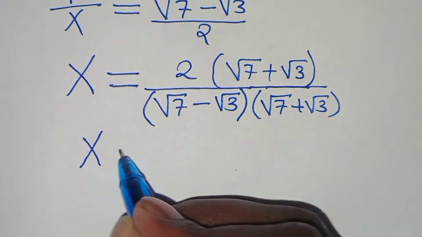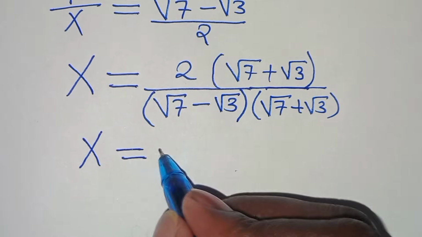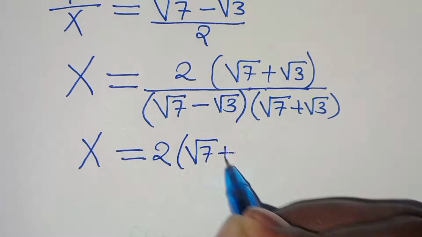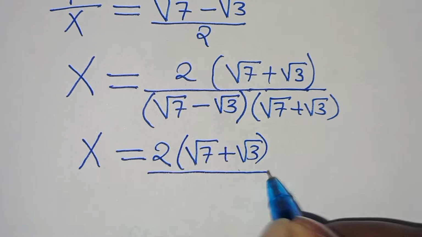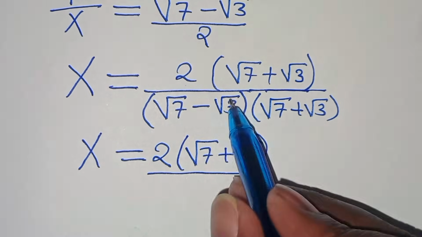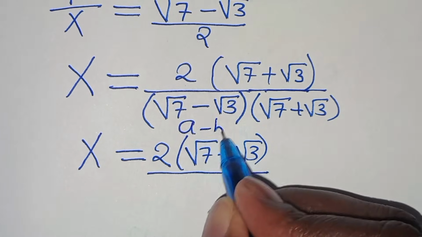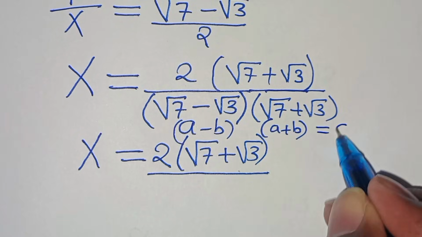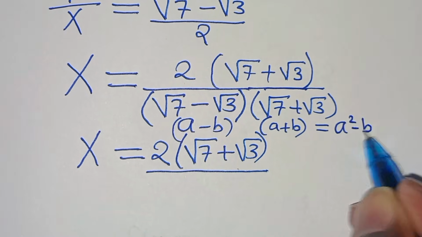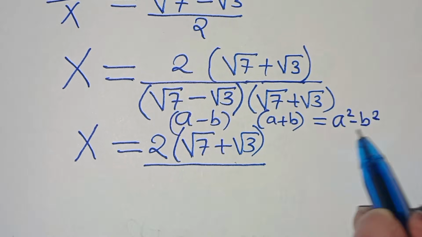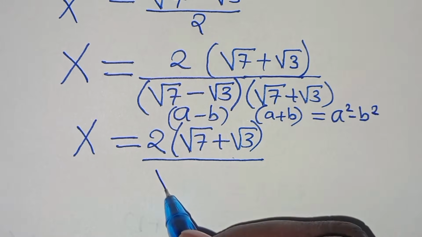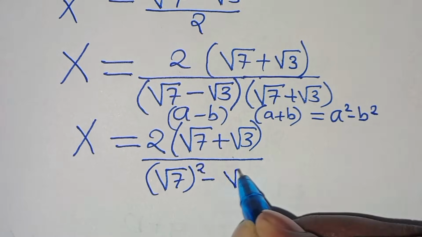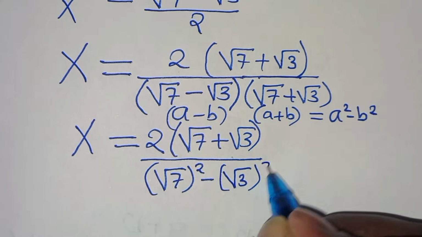So x is equal to 2 multiplied by square root of 7 plus square root of 3, divided by, now square root of 7 minus square root of 3, this is in the form of a minus b multiplied by a plus b, which we can express as a to the power of 2 minus b to the power of 2. This is the difference of two perfect squares. So therefore we have square root of 7 raised to the power of 2 minus square root of 3 raised to the power of 2.